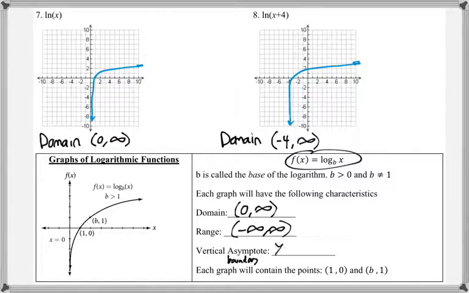And that's going to be the y-axis. So what that means is this is forming a boundary, and the function's going to get close to it, but it can never get past it. And each graph will contain the points (1, 0) and (b, 1).